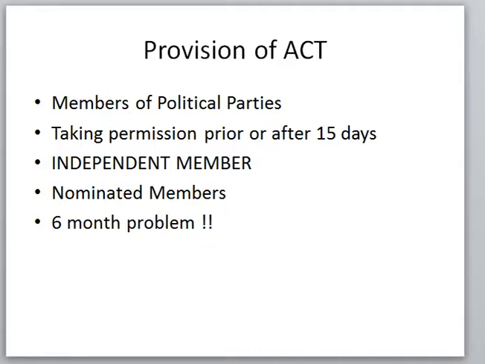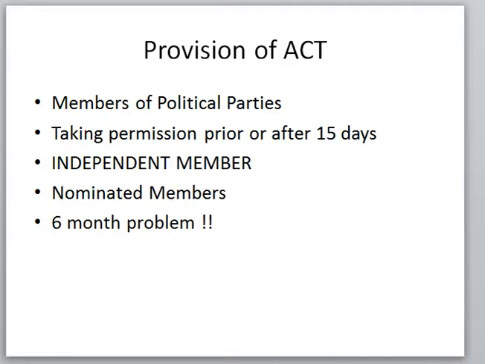So what about the independent member? Independent members, if they join a party after getting elected, will be disqualified. Let's assume there is a person X who contests a seat independently and wins that seat, and then goes to Parliament. After going to Parliament, if he thinks he should join a big political party like BJP or Congress, then if he joins that party, he will be disqualified.